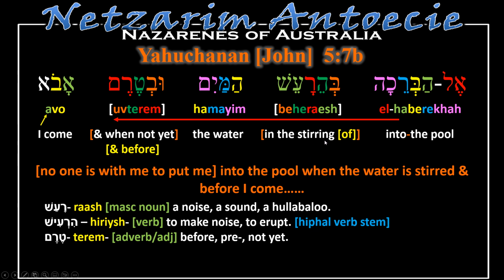So, in the stirring of ha-mayim, the water, uv terem, and when not yet. Translate generally as "and before." Avo, and the pronoun is at the beginning, I come, because vo means come, right? And I've given you down here terem as an adverb or adjective. It means before, pre, not yet.